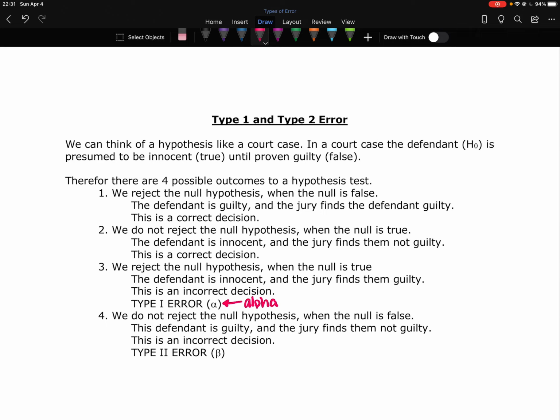So, how do you commit a type 1 error? Well, you commit a type 1 error by rejecting a true hypothesis. So, men actually do prefer chocolate ice cream, using the example from a previous video. Looking at, do men prefer chocolate ice cream more than women?